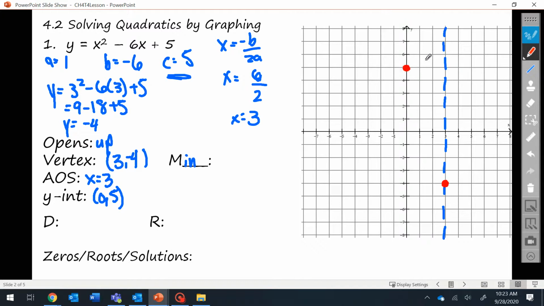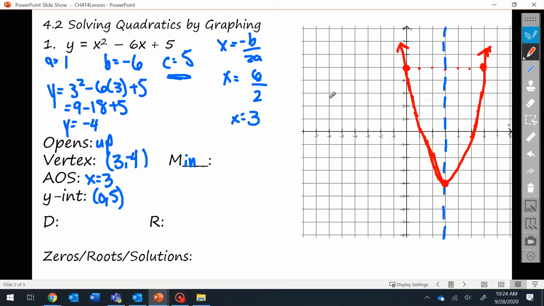We can reflect that to get another point, so it's 3 away over here. So what we have is a parabola that looks like this, something very similar to this.